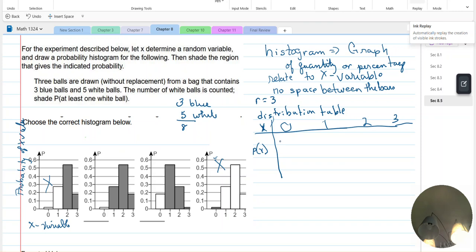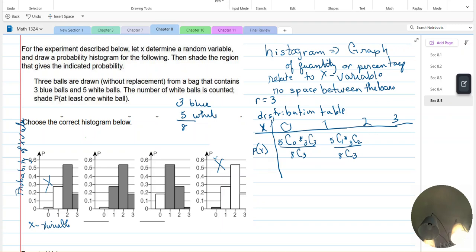We want, oh, that's because I have the wrong numbers. 5, because we're doing white. Sorry, 5 choose 0 times 3 choose 3 divided by 8 choose 3. And at 1, I'm going to have 5 choose 1 times, in this case, 3 choose 2 over the 8 choose 3 probability.